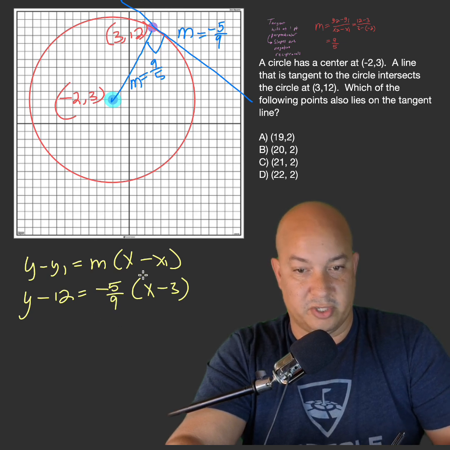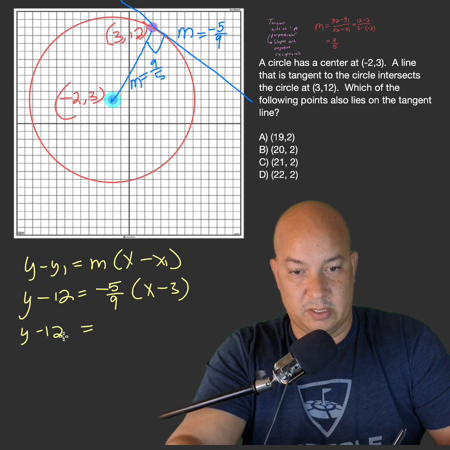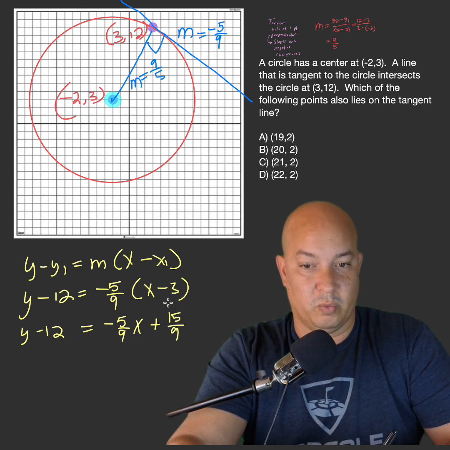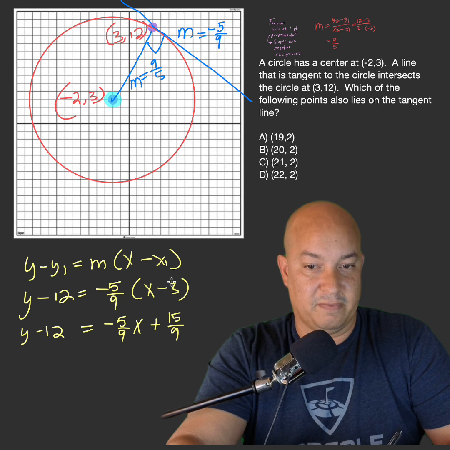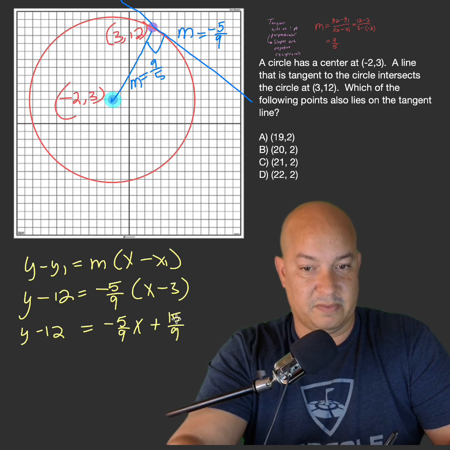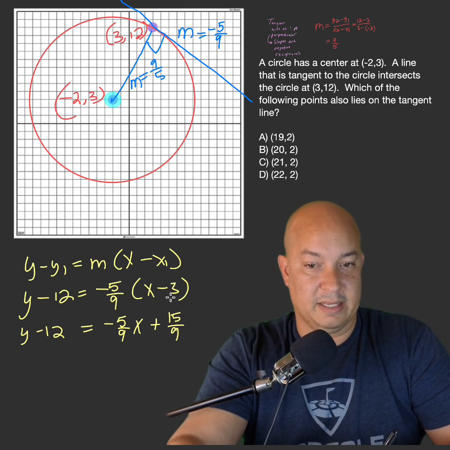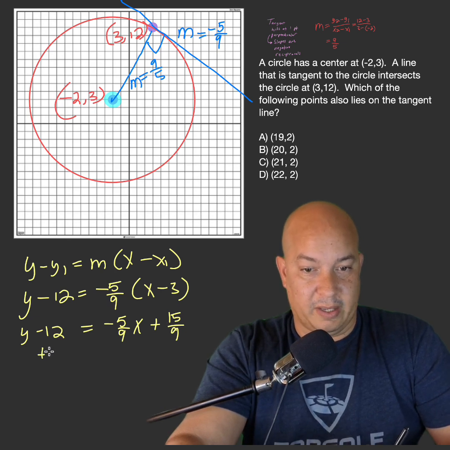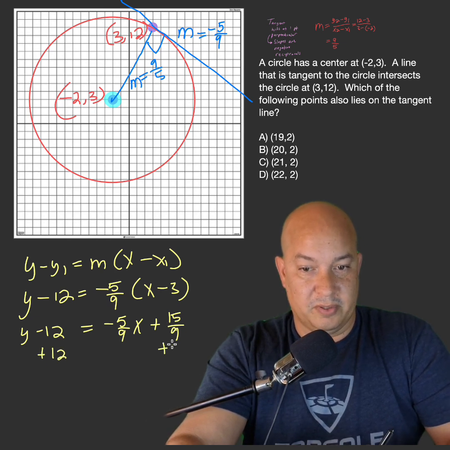Now we can start distributing to simplify this a little. So y minus 12 is -5/9x plus 15/9. Now that 3, that's really 3/1. So we were multiplying -5 times -3, which is positive 15, and on the bottom, 9 times 1, which is 9. Now we can get y by itself by adding 12 to both sides.